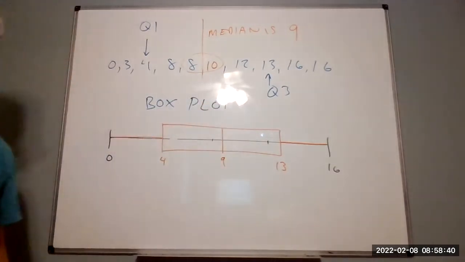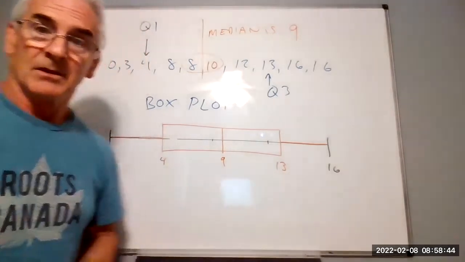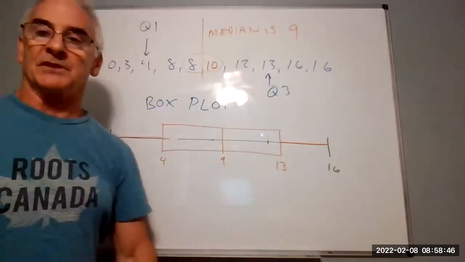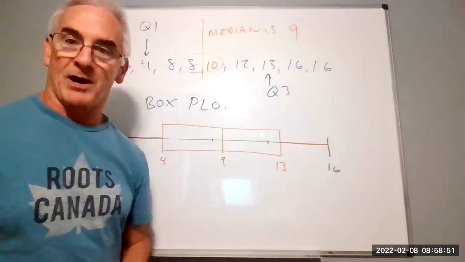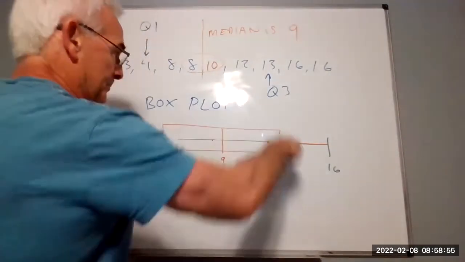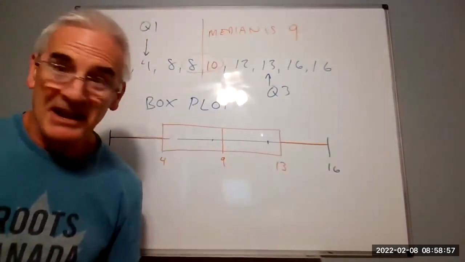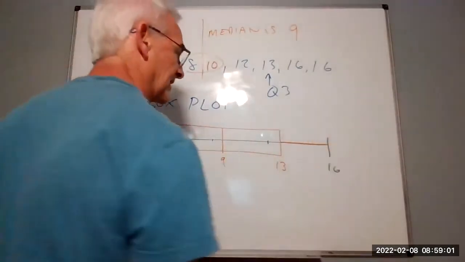A box plot is a very, very simple visual representation when I have my numbers in order. One of the nice things about a box plot is I start with the median and then I go to the quartiles, and I just basically make a box. Like I said, it's not rocket science. And then I go to the extreme ends, in this case, 0 to 16.